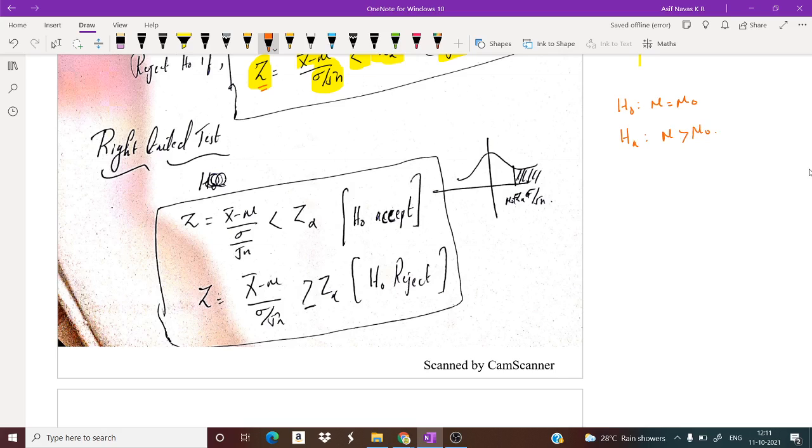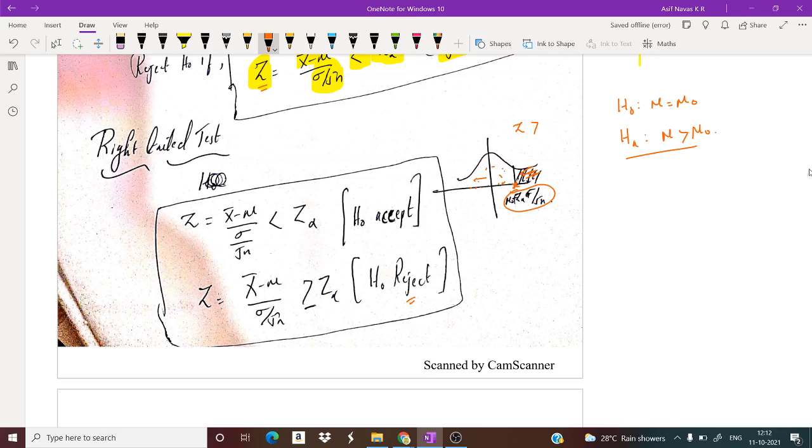So when we reject h naught, if our test statistic Z is greater than some value, this value, then we will reject h naught. That means if Z value is somewhere here, then we will accept h naught.